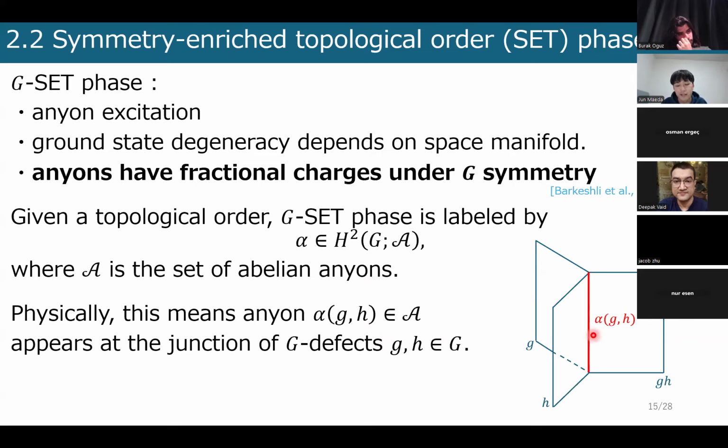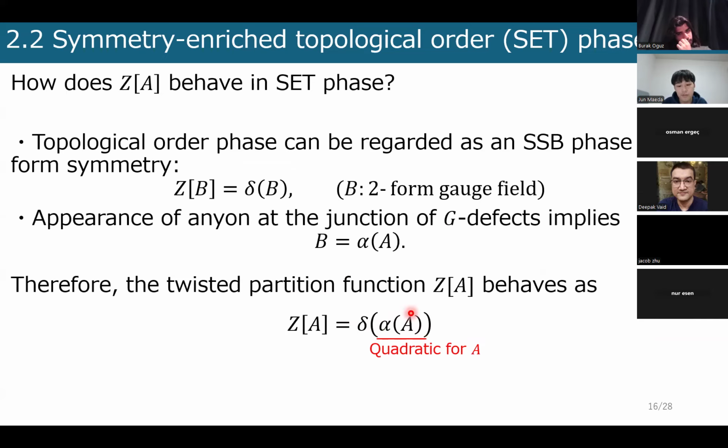Then an anyon must appear and the partition function shows exponential decay due to the appearance of the anyon. So here this should be a quadratic function of A. Okay, is there any question or comment?